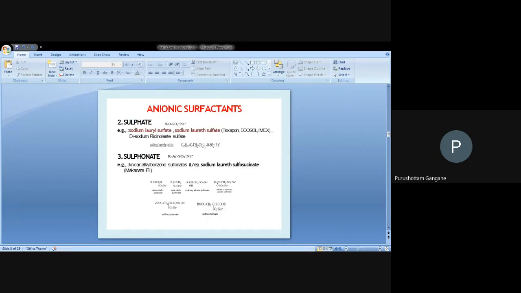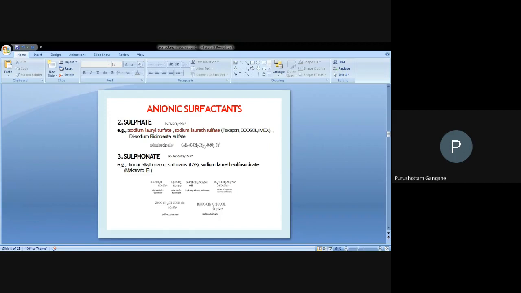Next category of anionic surfactants are the sulfates and sulfonates. Sodium lauryl sulfate is the sulfate category of anionic surfactant. Then sodium laureth sulfate is also there. It is used under the names Texapon, Ecosol, Imex.